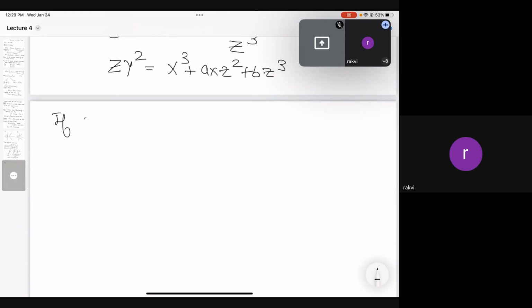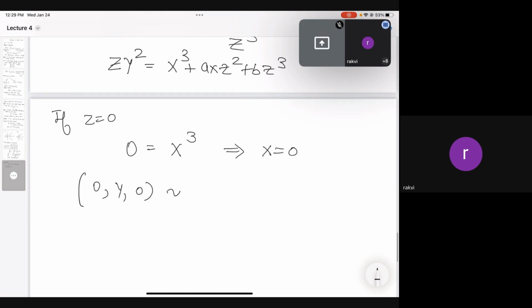If z is 0, we get 0 equal to x cube plus everything else is 0, right? So that tells us that x is 0. So we have x equal to 0, and then there is no condition on y, so y can be anything, and z is simply 0.